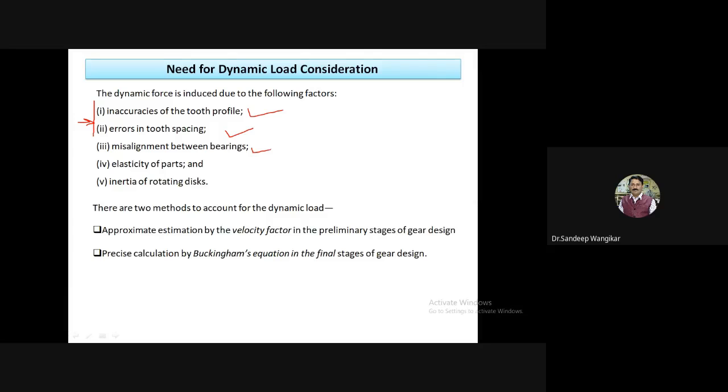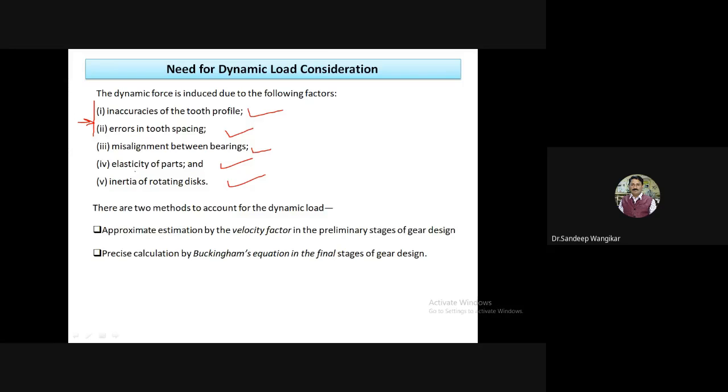So if the bearings are not mounted as per requirement, or if there is some misalignment, the gear will also carry the same misalignment because the shaft is mounted in the bearing and it will rotate. Due to this misalignment, it will lead to some vibration, shocks, noise, and ultimately lead to dynamic load on the gear.